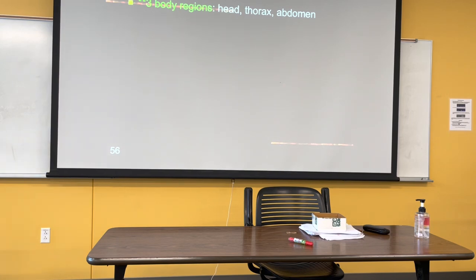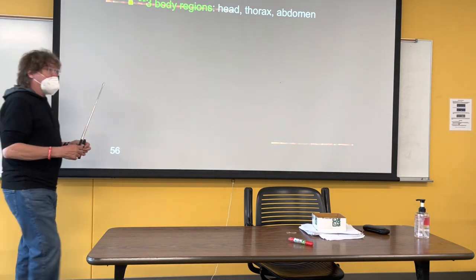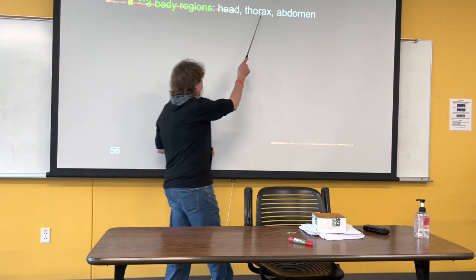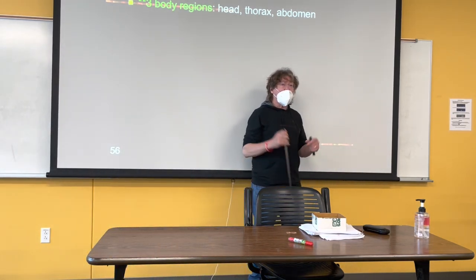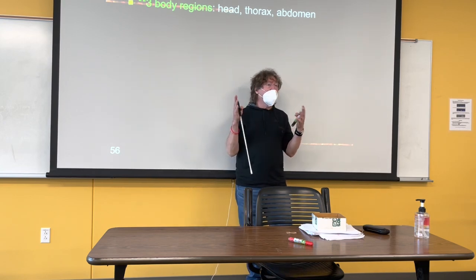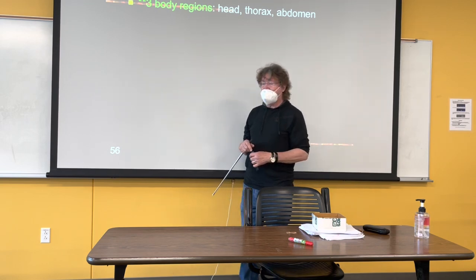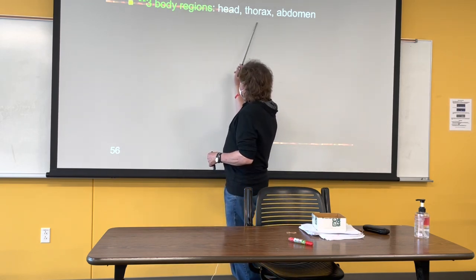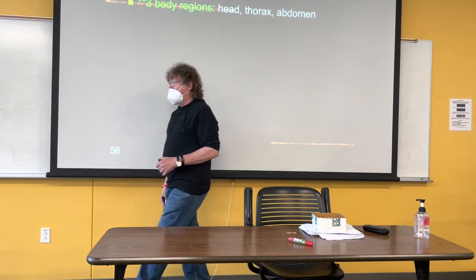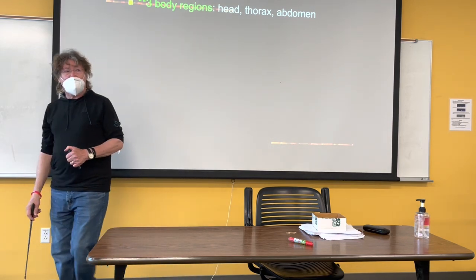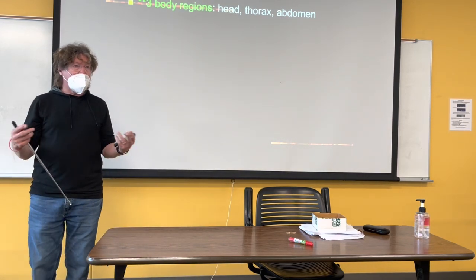The head has the sensory apparatuses, the antennae, the eyes. It's also where the mouth and mouth parts are, followed by three segments of the thorax. The head is probably six segments fused together, and it's hard to tell the segmentation there. The thorax has 3 segments, each with a pair of legs. So thorax is for locomotion.